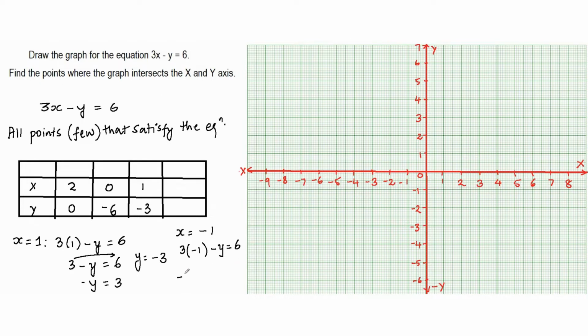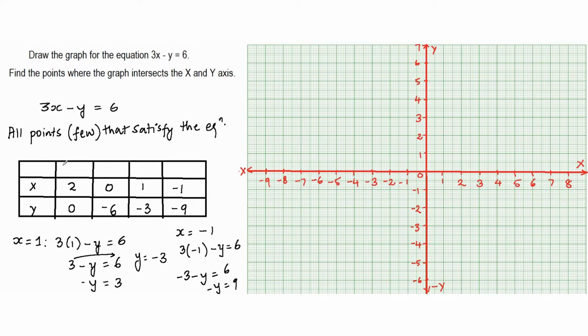So minus 3 minus y is equal to 6, and therefore minus y is equal to 9, or y is equal to minus 9. So when x is equal to minus 1, the value of y is going to be minus 9. Now I have a list of 4 values of x and y that satisfy the given equation.